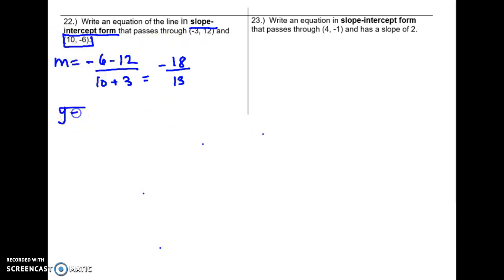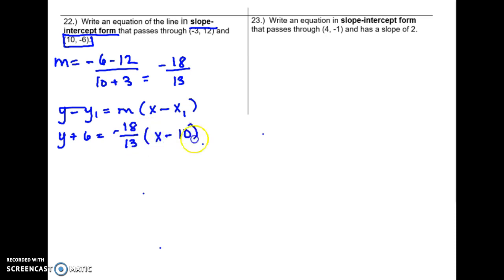So y minus y sub 1 is equal to m times x minus x sub 1. When I use that point, I've got y plus 6 is equal to negative 18/13 times x minus 10. Okay, y plus 6 is equal to negative 18/13 x plus 180/13. It's pretty big there. Now I'm going to subtract 6 from both sides.